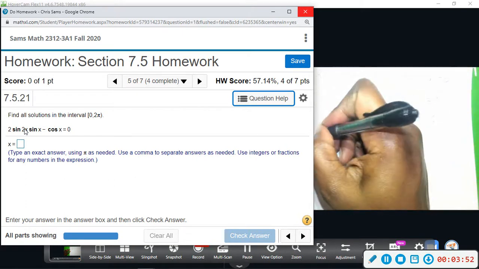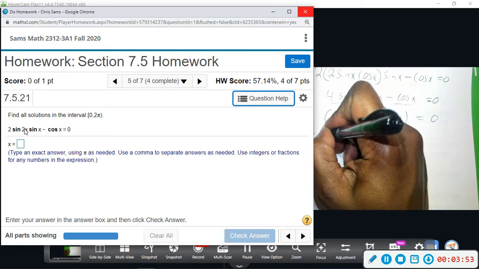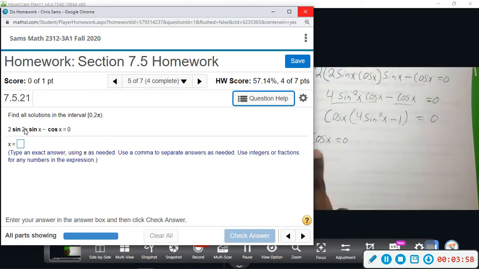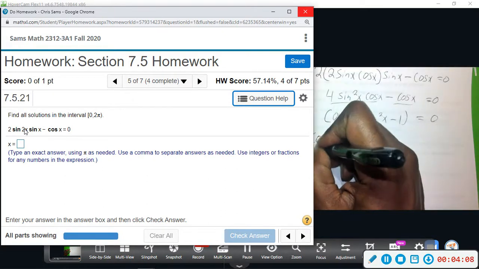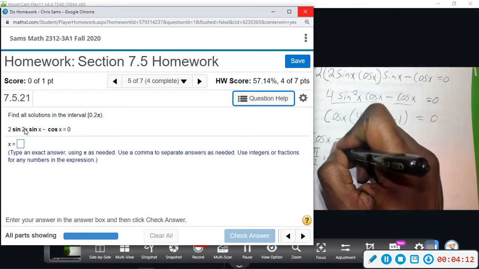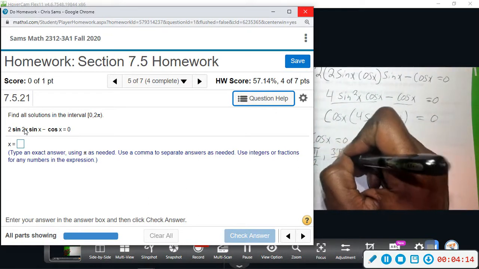So we will set cosine of x equal to 0. From the unit circle, there are two numbers that will give us an x value of 0. That would be pi over 2 and 3 pi over 2.